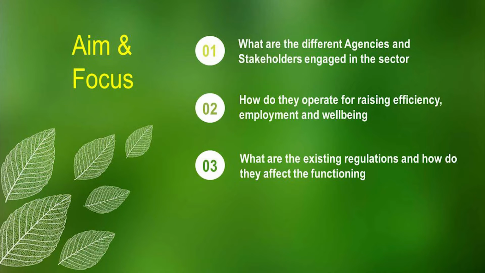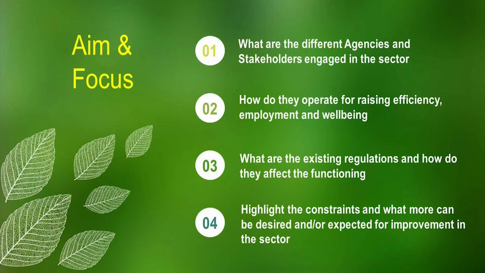And lastly, we will try to highlight the constraints and what more can be desired or even expected for improvement in the sector. So these are the four broad themes that we will try to discuss in this session. And particularly, we will look at the Indian scenario while we discuss these four themes.